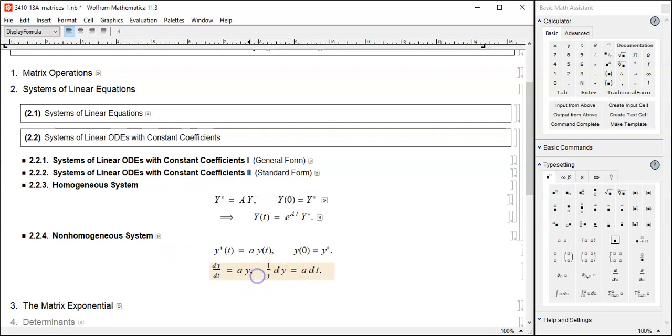And of course, I can put integrals on both the left-hand side and the right-hand side. So log of y is equal to a t plus some constant, say k. Okay, all right. That's as good as any. So y is therefore the exponential of a t plus k, and that can be written as the exponential of a t times e to the k power.